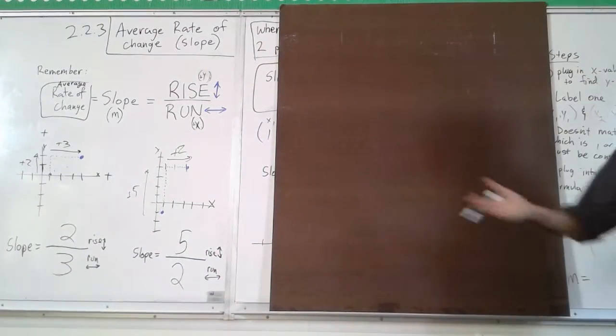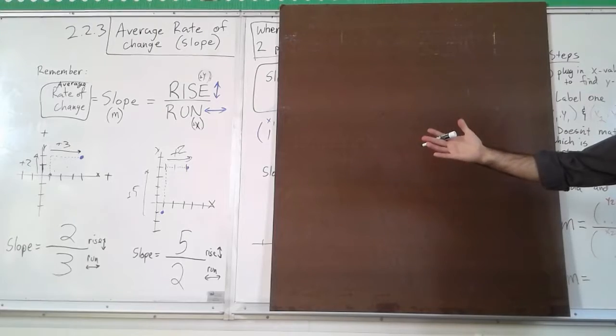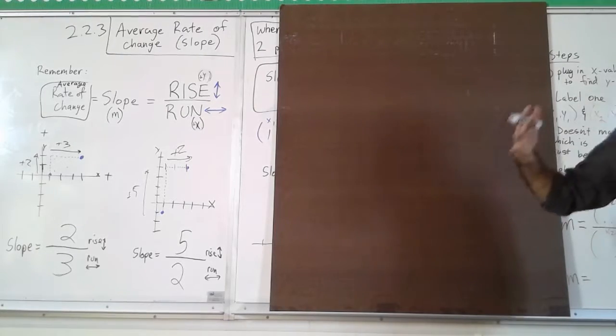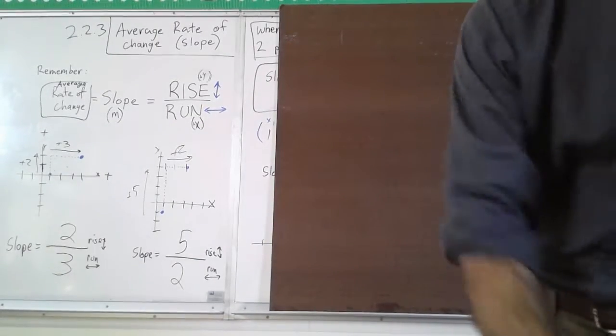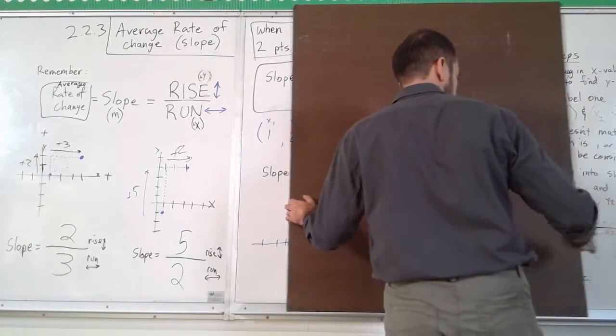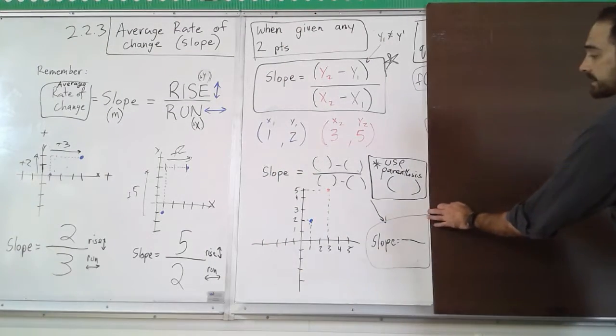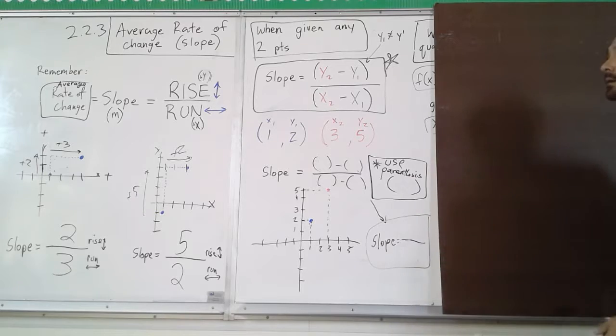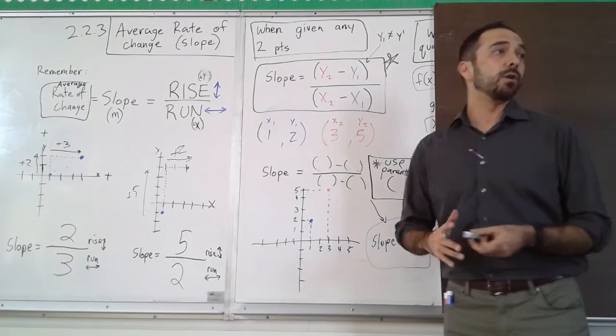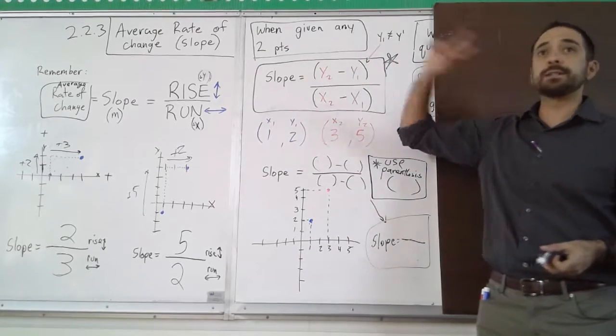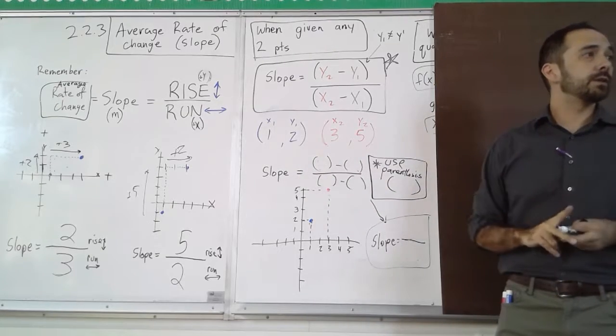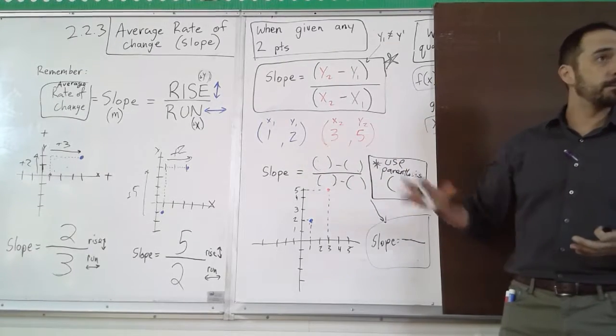So if you're just given 2 points, you can count it out, or you can do the next step, which I know you've seen before. I'm kind of ramping up a little slowly to this. So if you're talking about the next step here, this is kind of a new section. So when given any 2 points you can think of, we can always find the slope between them. Okay.